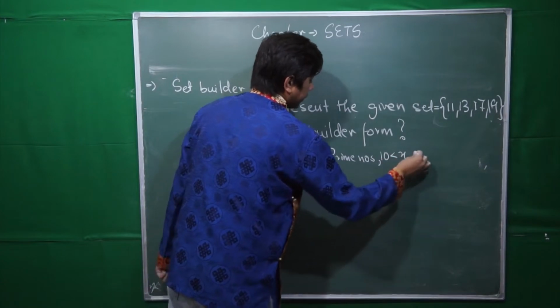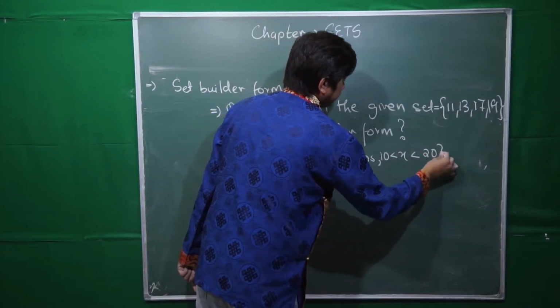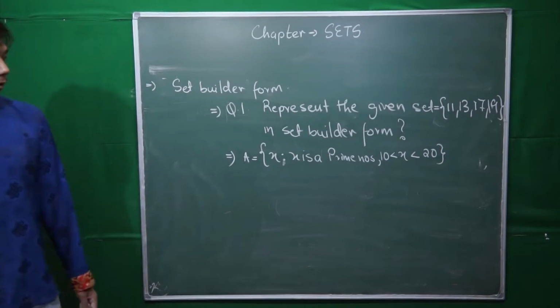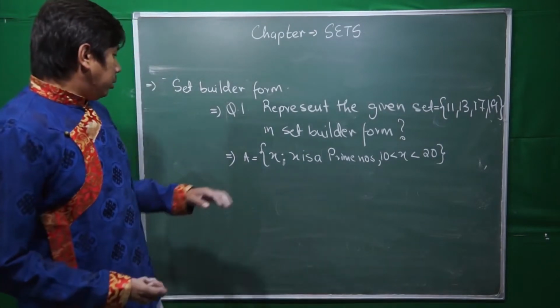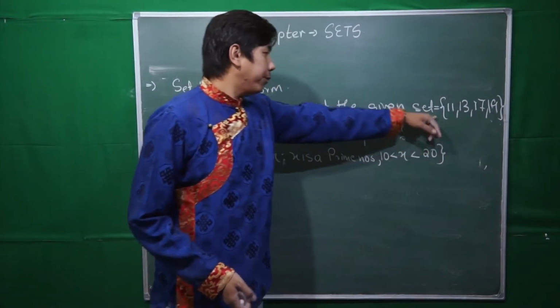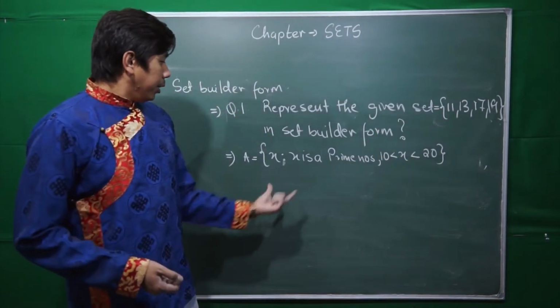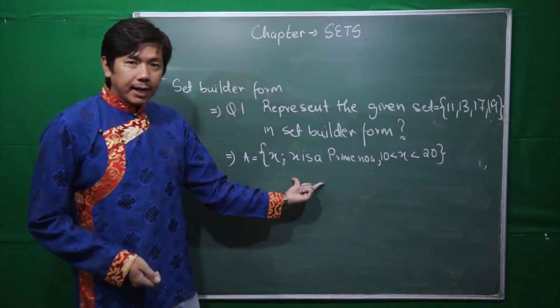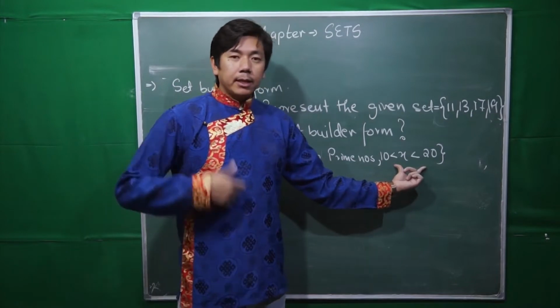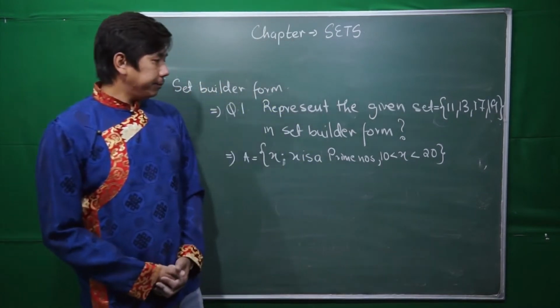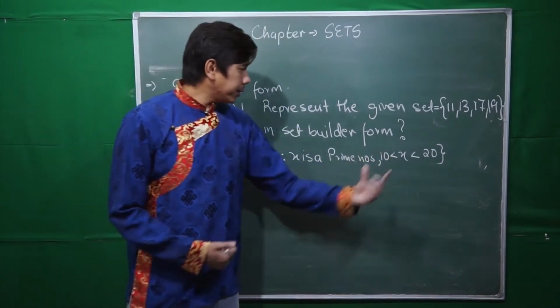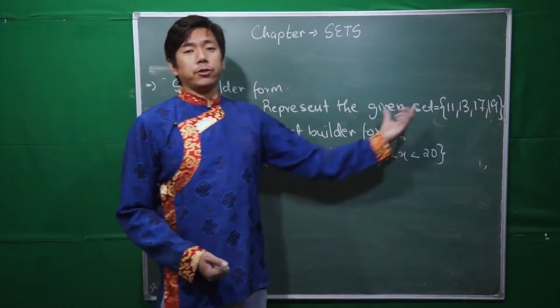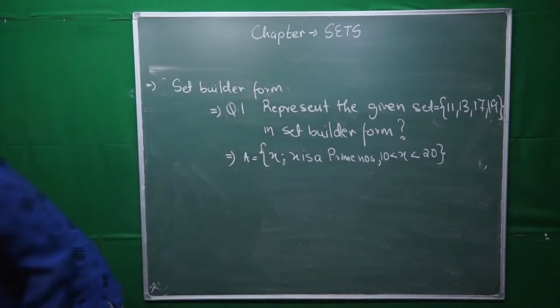Greater than 10, less than 20. Okay. So this set in the roster form is converted into set builder form with a guiding character and underlying limitations. Simple. So using these two conditions, we can easily convert any roster form into set builder form.